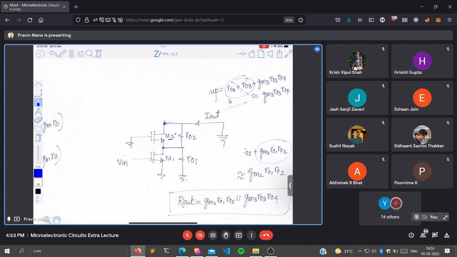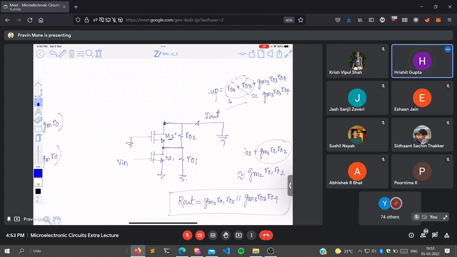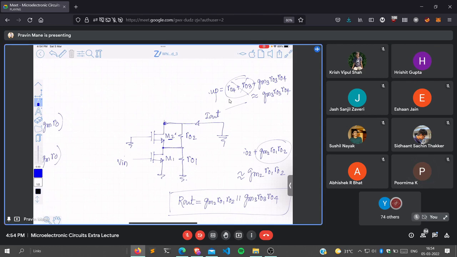Right. Now you tell me which is the current source in this case. Input, right? Gm VGS. So Gm1 into Vin.